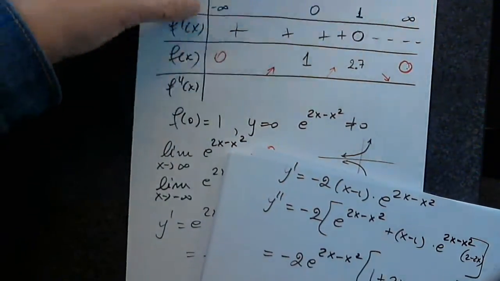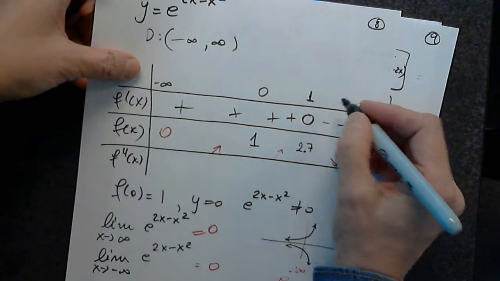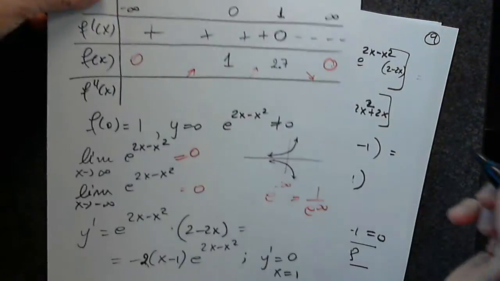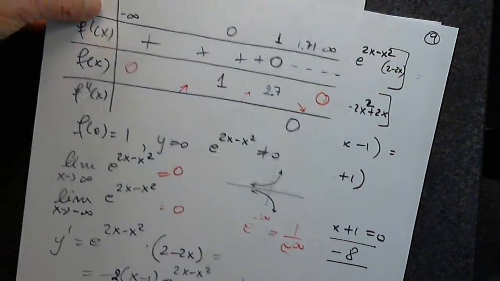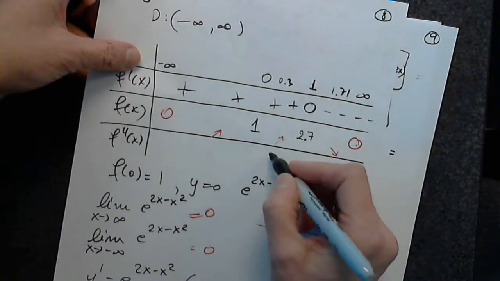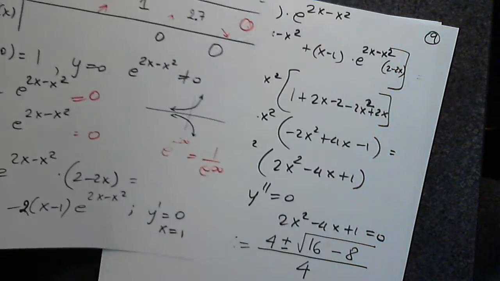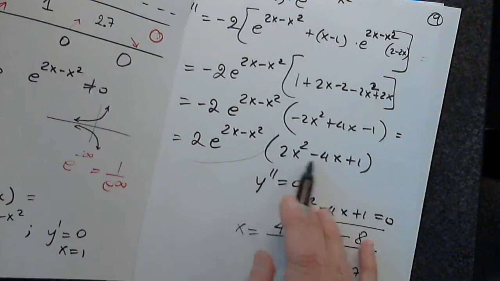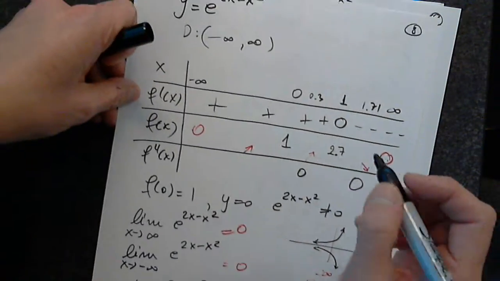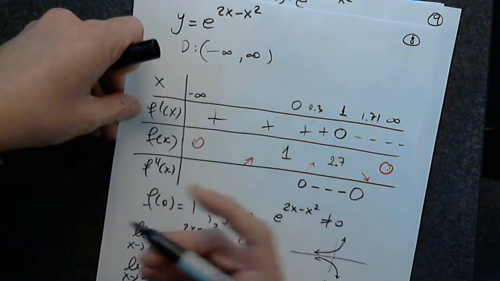So 1.71 and then 0.3. Okay. So this is always positive. In between solutions, this will be negative, and outside positive.